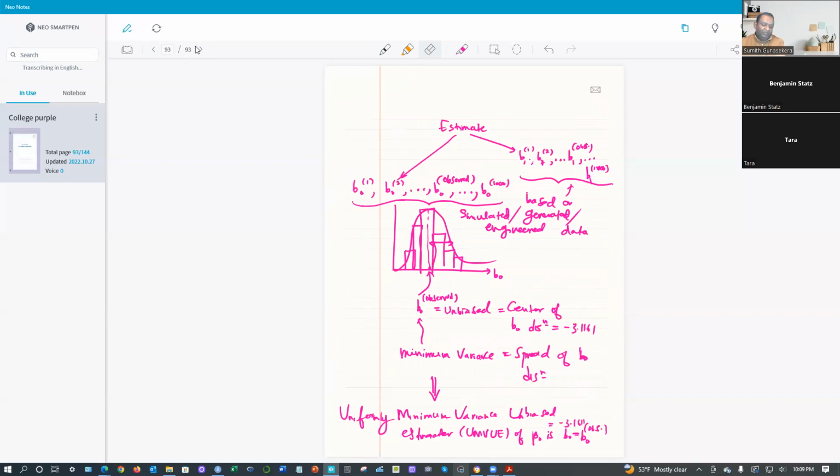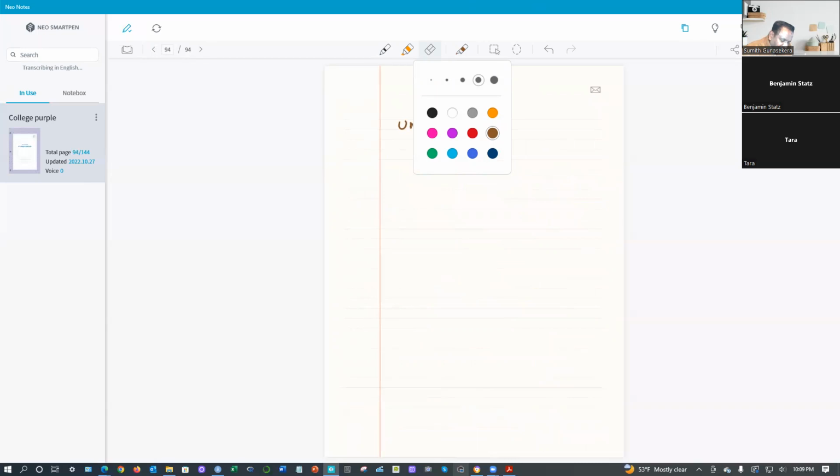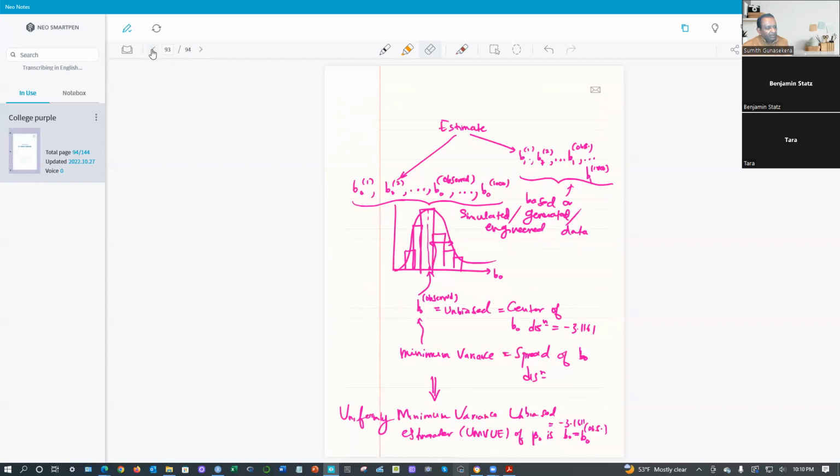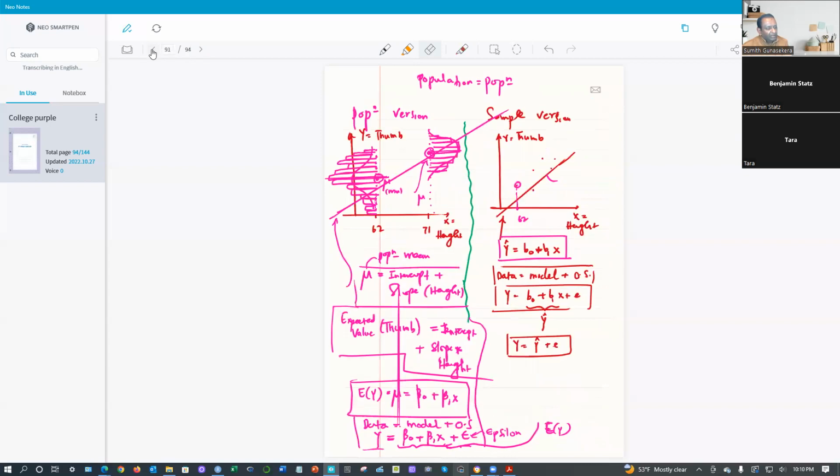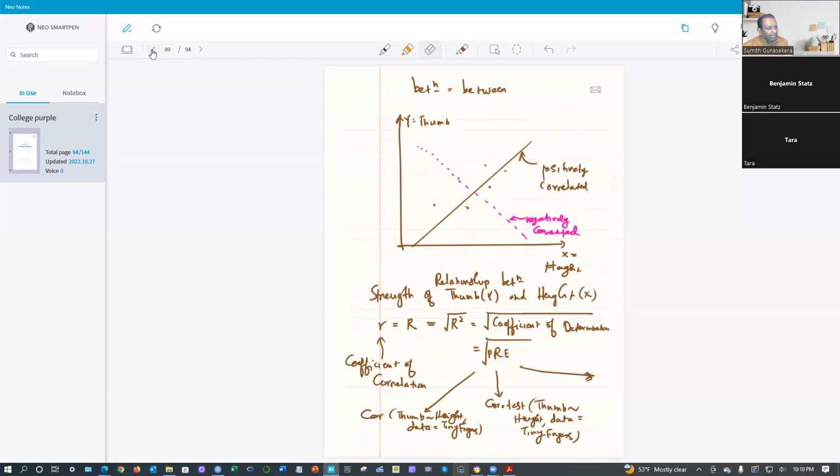In a similar way, can I say the UMVUE of beta 1? Yes. The UMVUE of beta 1 is B1 obs, which is 0.9868, if I can remember.